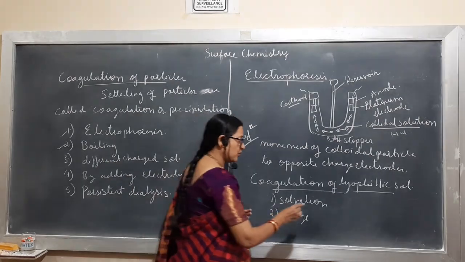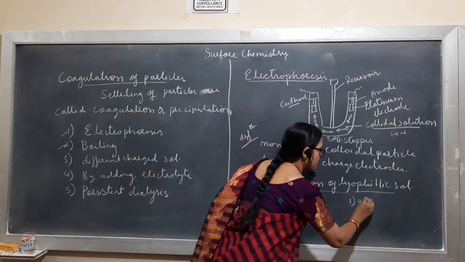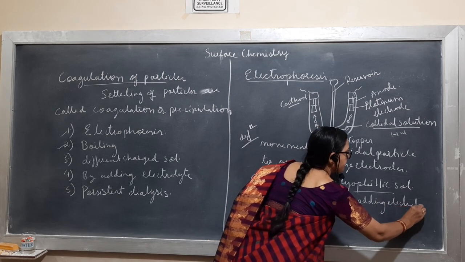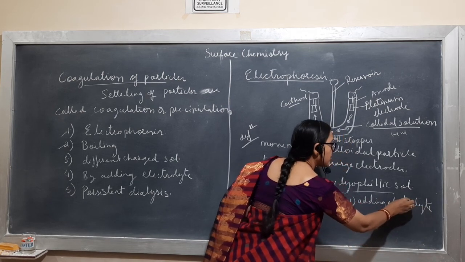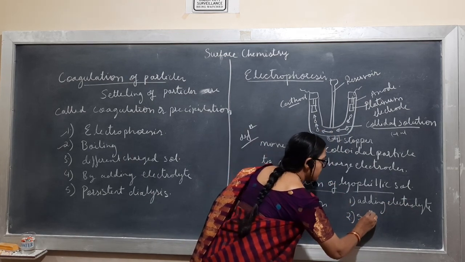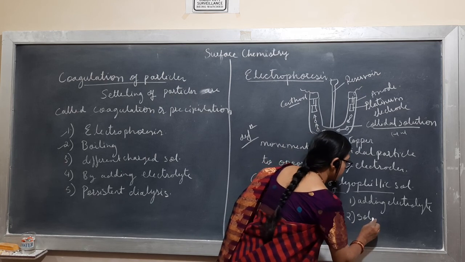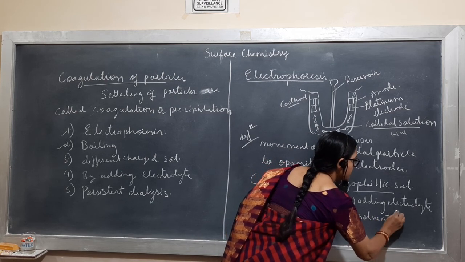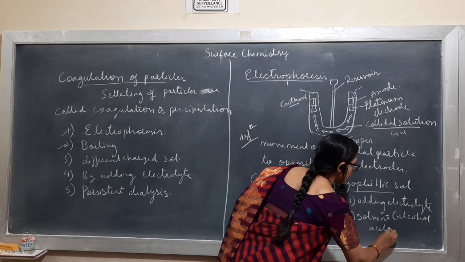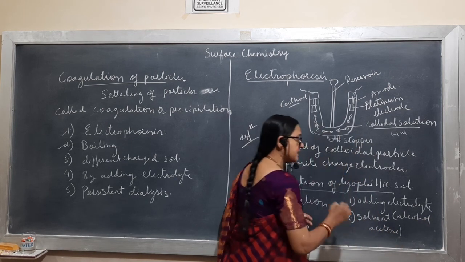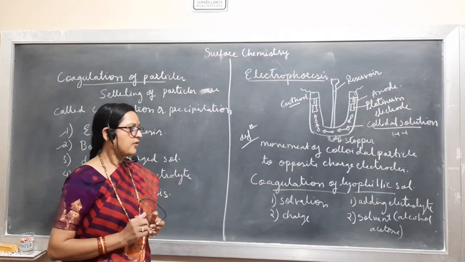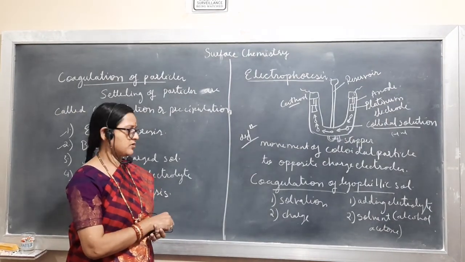These two can be removed by adding an electrolyte or by adding a solvent such as acetone or alcohol. What it does is it dehydrates the dispersed particle. On dehydration, the coagulation occurs.